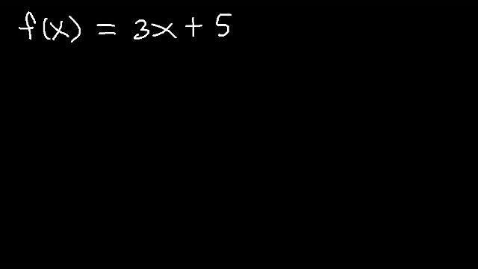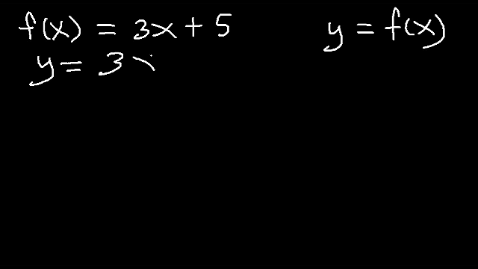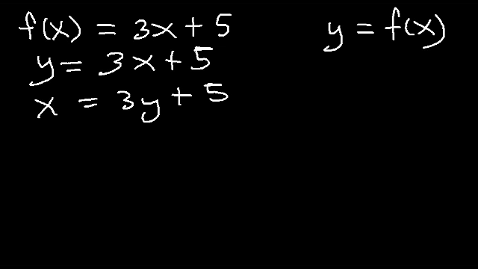You need to realize that y is the same as f of x. So we can replace f of x with y. That's the first step. The second step is to switch x and y. So x is equal to 3y plus 5. Now you might be wondering, okay, why should we do that?